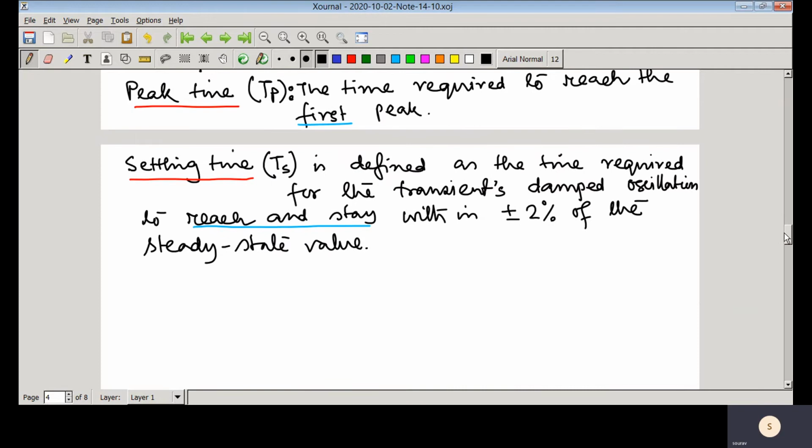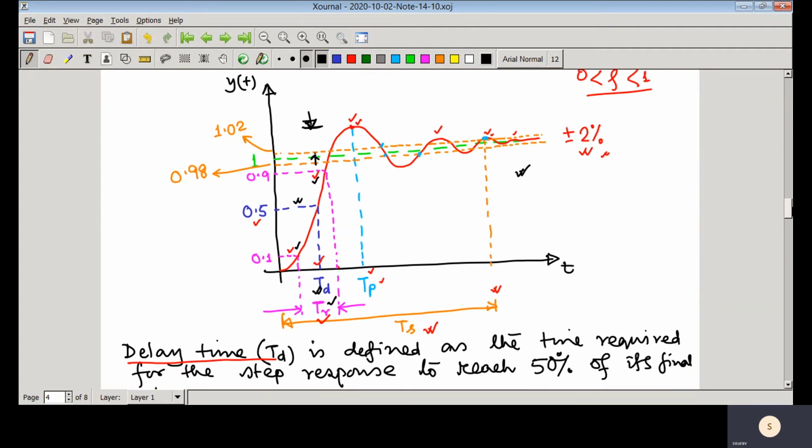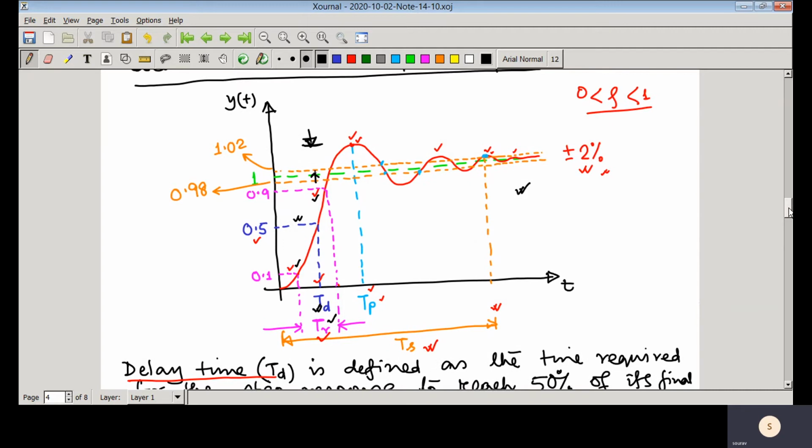So now the point is how to evaluate those values. First we will consider the peak time. If you see the time response, at the first peak the slope would be equal to 0.